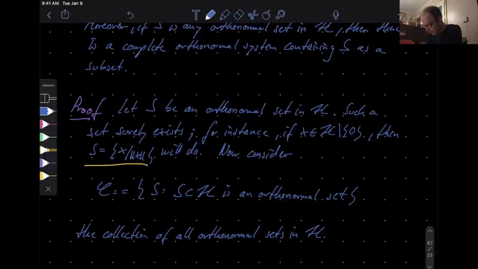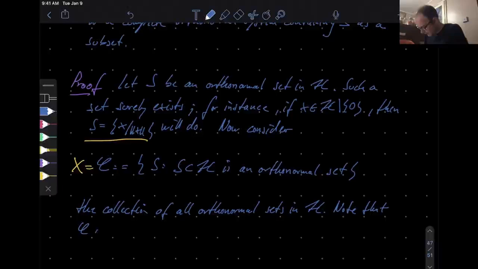So this collection will be our X in the notation of Zorn's lemma. So now we have to introduce a partial order on this, but this you can do by set inclusion. So note that C is partially ordered by set inclusion.